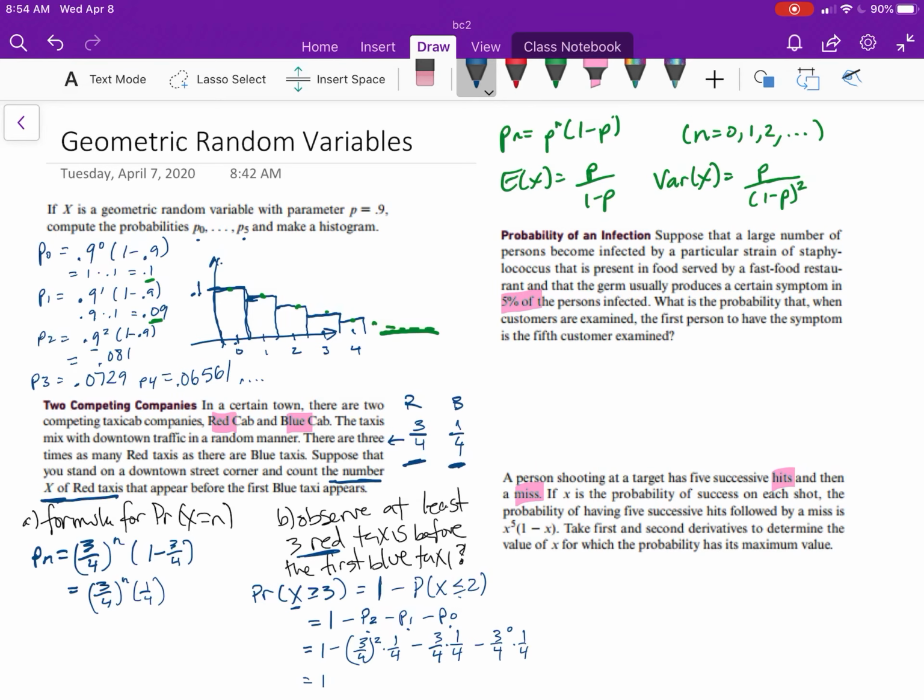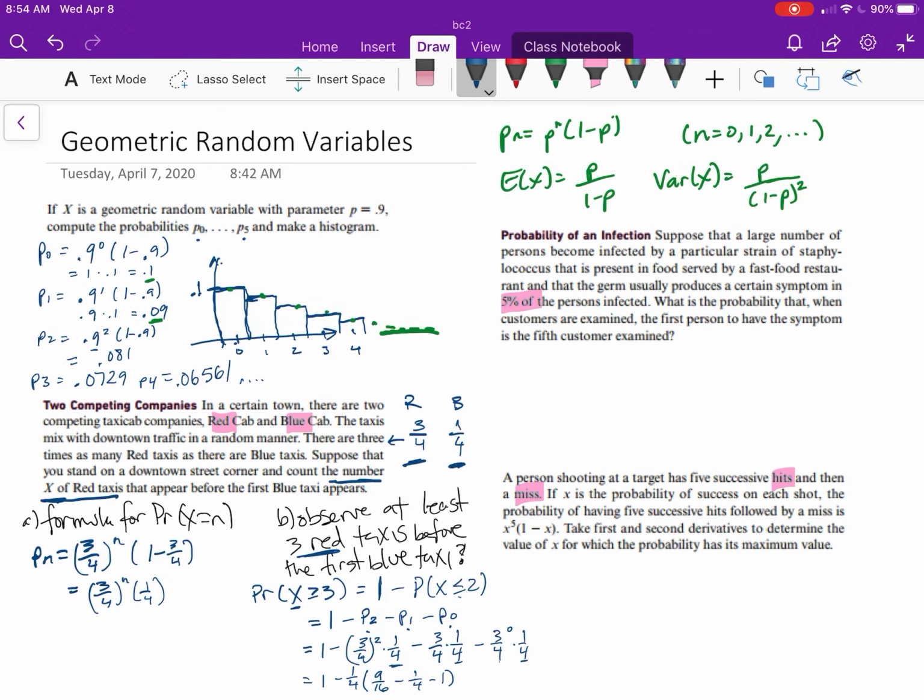I'm using some factoring, I guess. Now we could just plug it in a calculator, really, but I'm going to factor out that 1/4. Then I would have 3/4 squared, that's 9/16, minus 1/4, and then minus 3/4 to the 0 was 1, so minus 1.